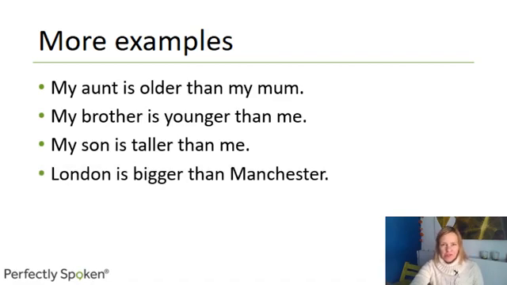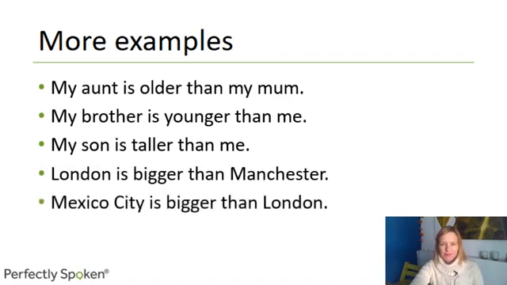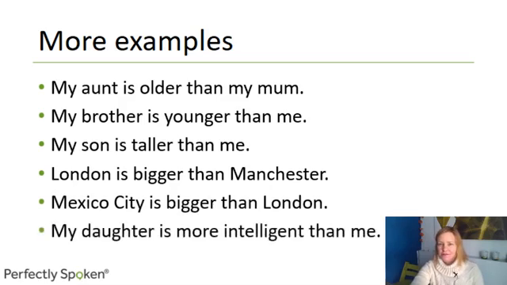London is bigger than Manchester. Mexico City is bigger than London. And I think my nephew, oh no, my daughter, I thought I put my nephew. No, my daughter is more intelligent than me, of course. Yes, more intelligent than me.